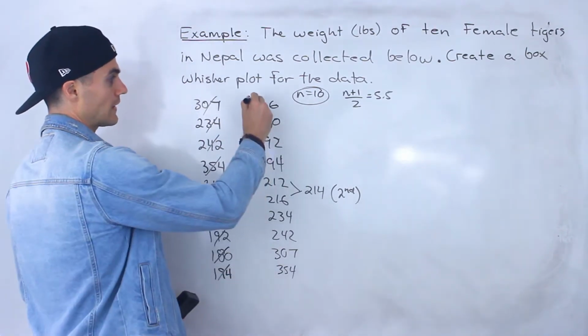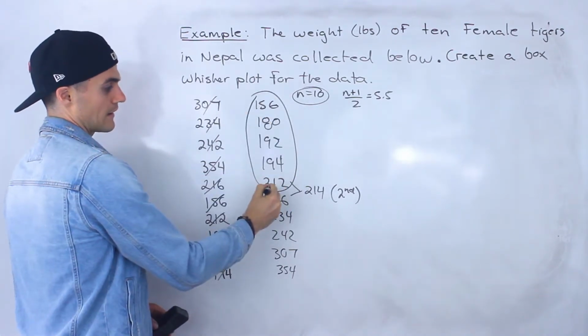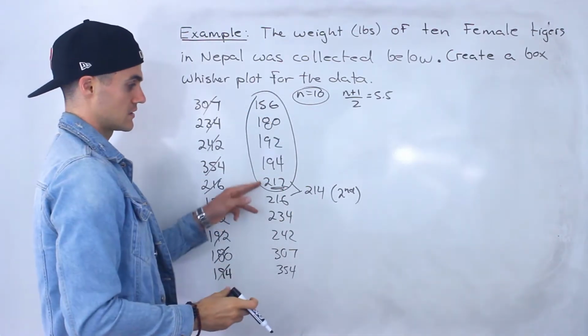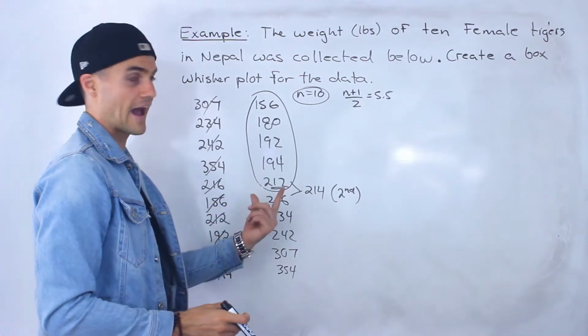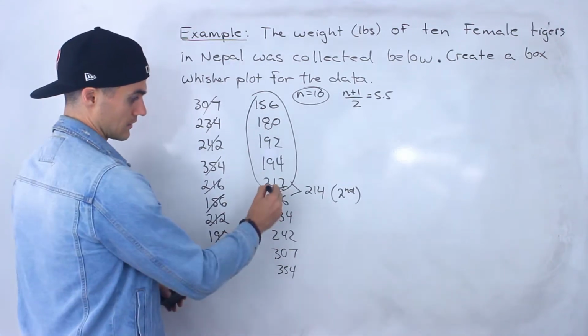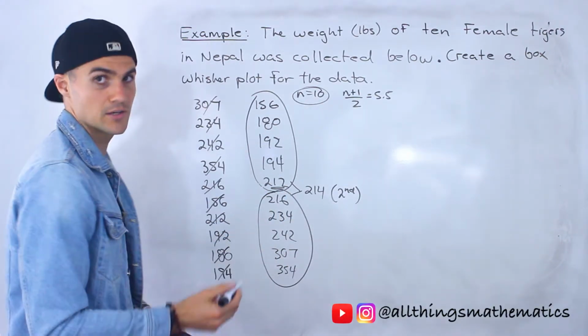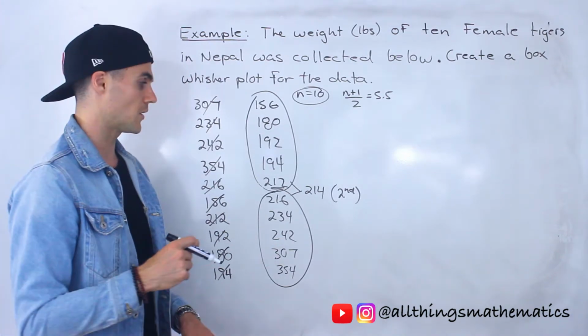So remember, when we're looking at the first half of the data, we got to include that value that was used when calculating the average for the median. And then over here for the second half of the data, we got to include that 216. I mentioned that in the overview video.